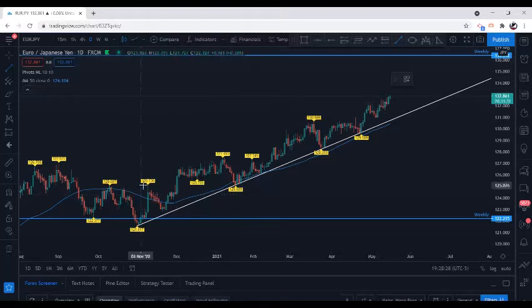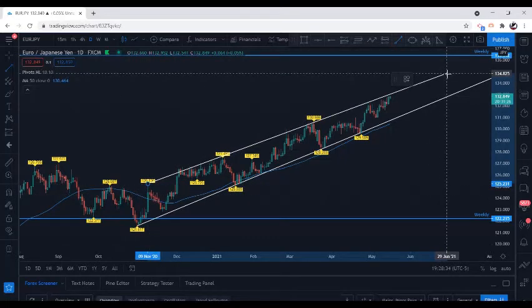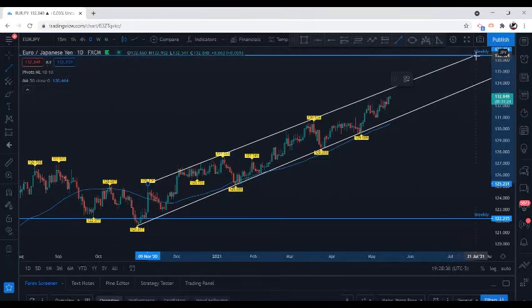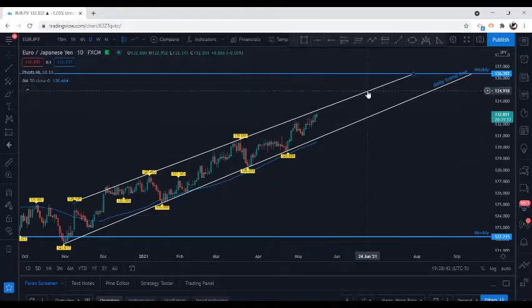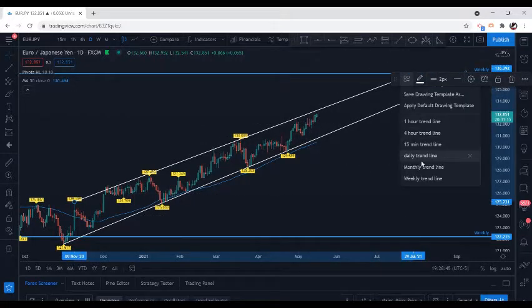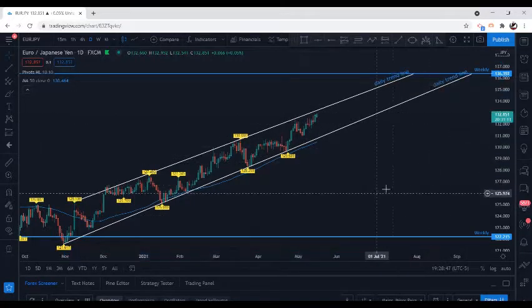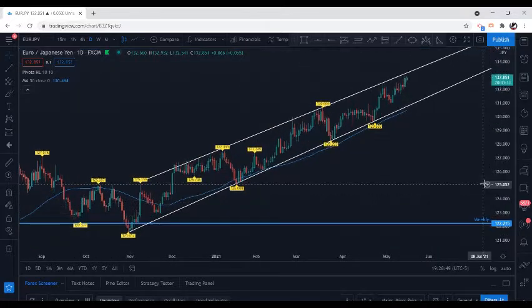I label all my levels. In previous videos I explained why I label all my levels. It is very helpful and important, so you guys can take it into consideration and label your levels also.